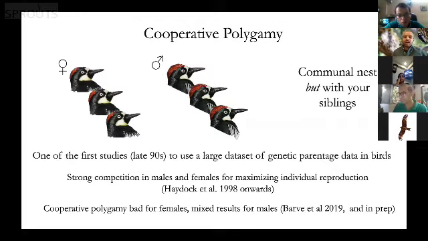So the communal nest generally has some of their own offspring and some nephews and nieces, so they get a lot of what is called inclusive fitness from these communal nests. So, hope that was not completely impossible to comprehend, but you can ask me questions later.